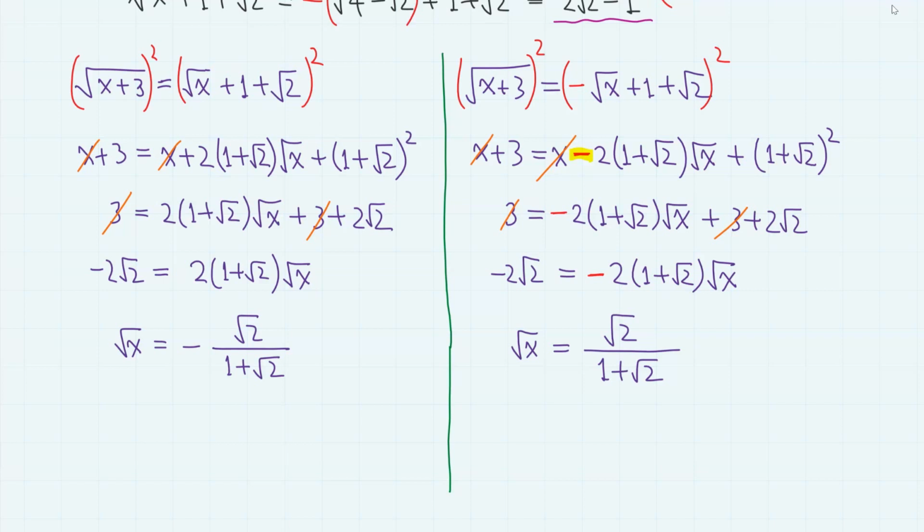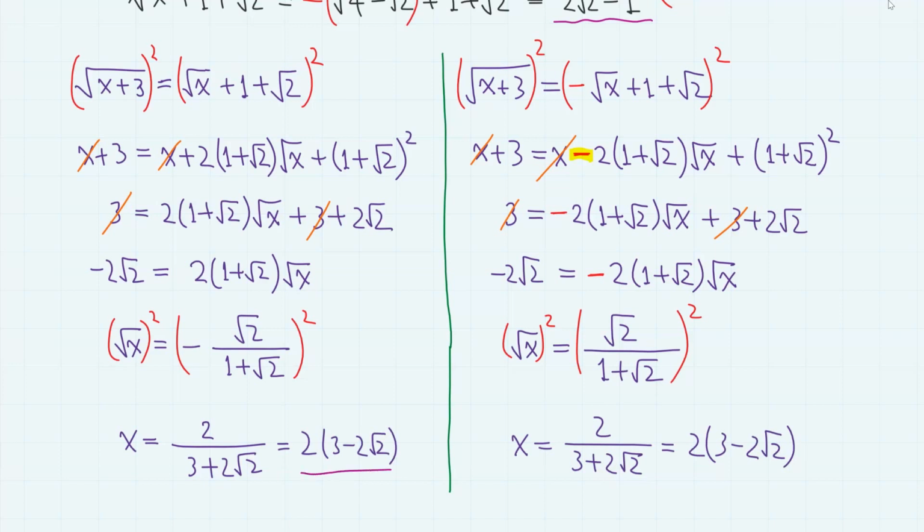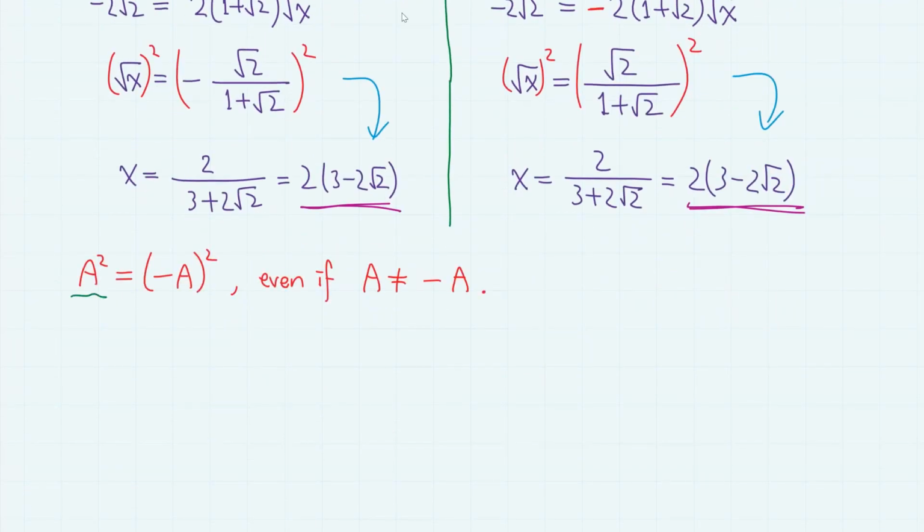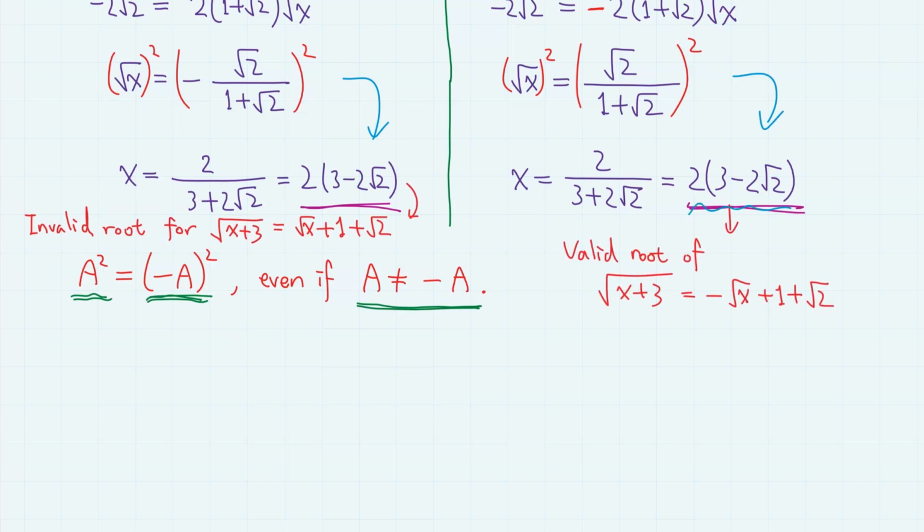So square root of x equals these, and by squaring again, we arrive at the same root. And you can easily notice why we arrive at the same root. It's because a squared is equal to minus a squared, even if a is not equal to minus a. So this value satisfies the right equation, but not the left one.